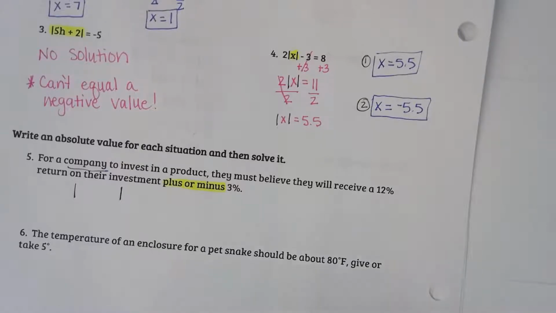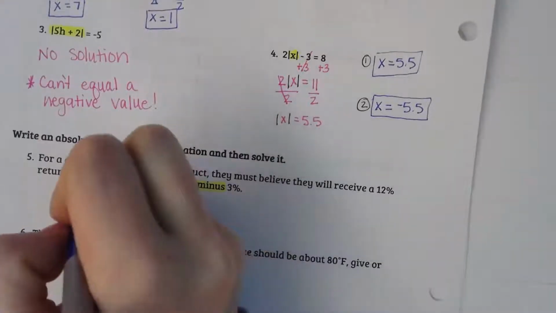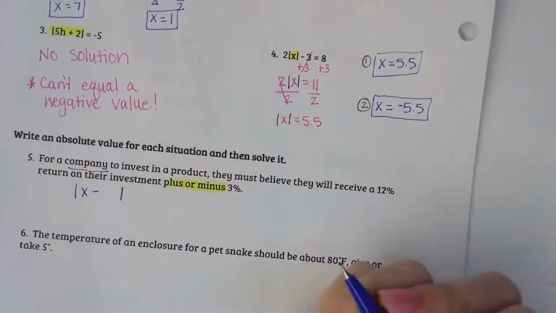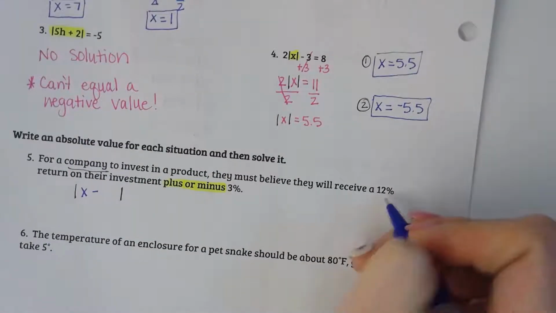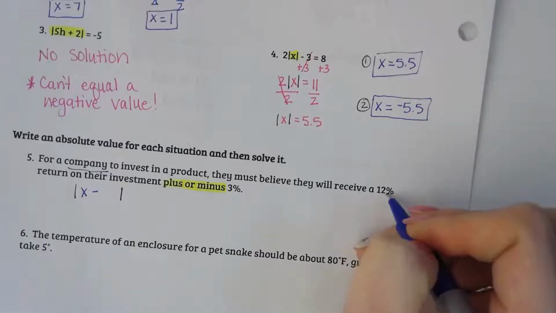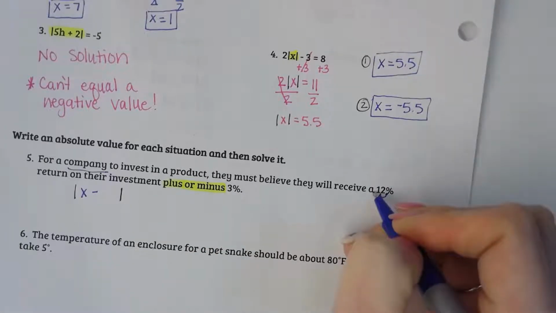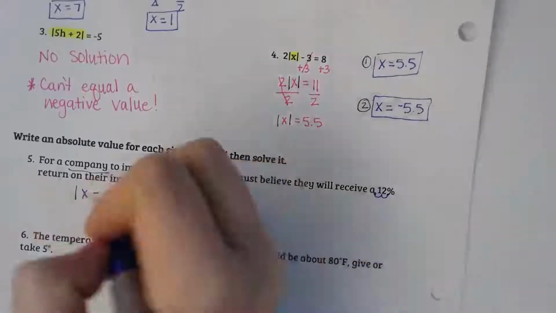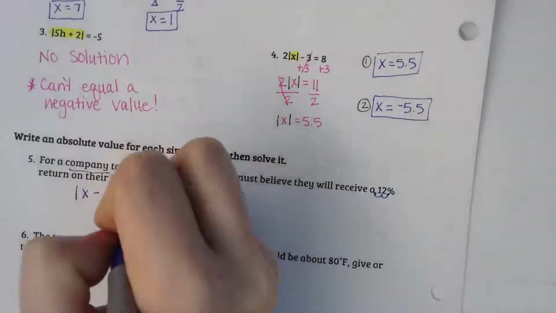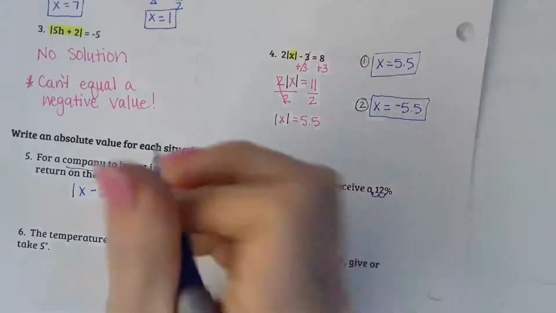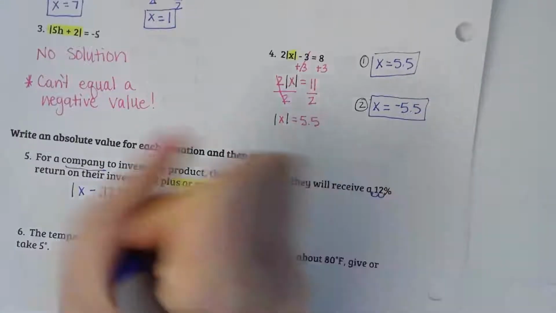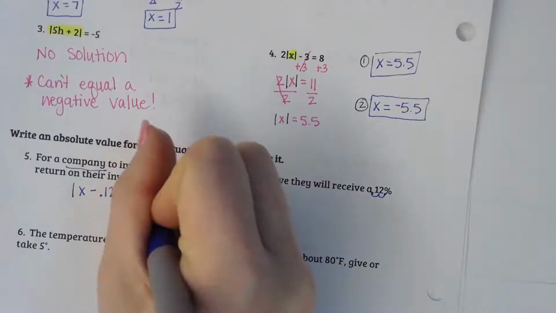So you would have to give that money back. So x minus, now this is a percent, so we would need to change that to a decimal, and I do that by moving that decimal point 2 places to the left. So 0.12 equals plus or minus our 3%. So again, I need to move that 2 decimal places, so that's going to be 0.03.